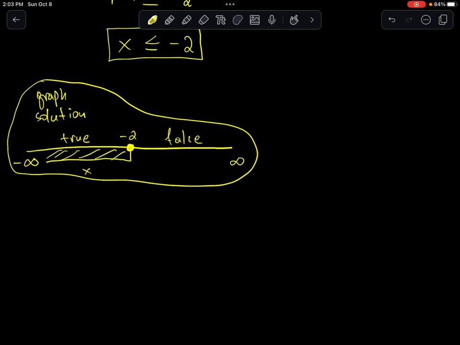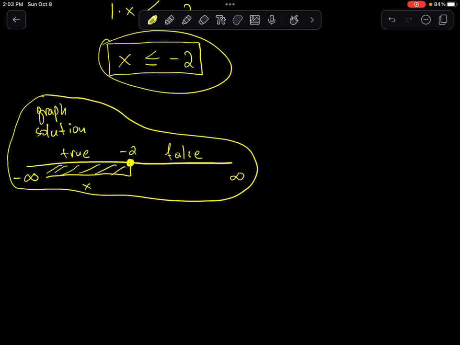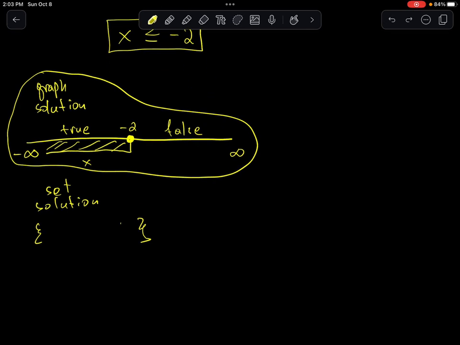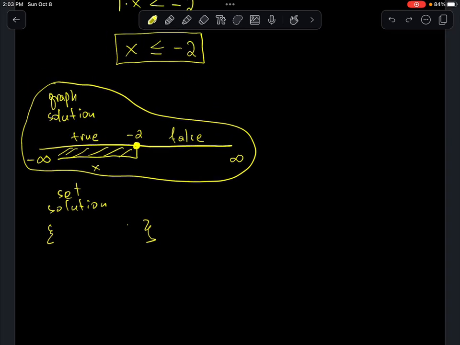Now, let's write this inequality as a solution. How do we do that? That would be called the set solution. The set solution will be inside braces. This is the standard way of expressing a set. And I look at the graph solution, or I look at this one, and I see that all the x are between negative infinity and negative 2.